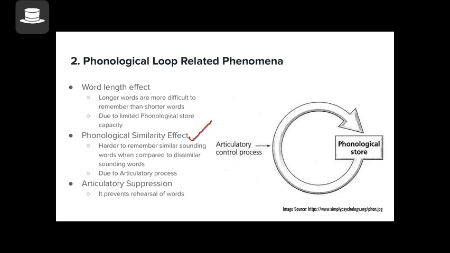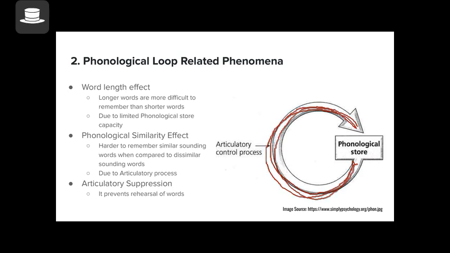The finding that it's harder to remember similar sounding words. Well, what could be the reason here? One reason could be that if both lists of items have the same number of syllables, right, then the phonological store is the same. What is different is how you are retrieving the stored information, and there could be confusion in terms of repeating or retrieving or sounding the similar sounding words as compared to the dissimilar sounding words.